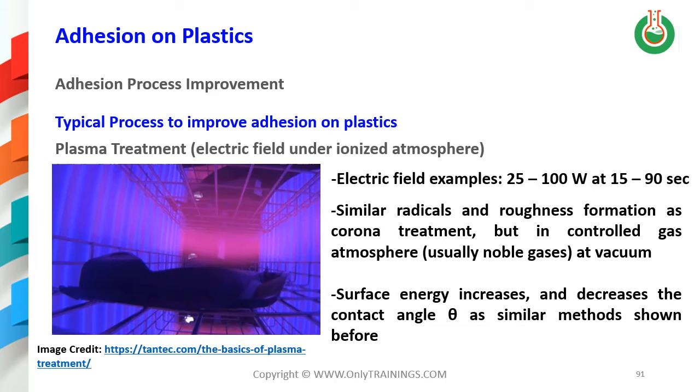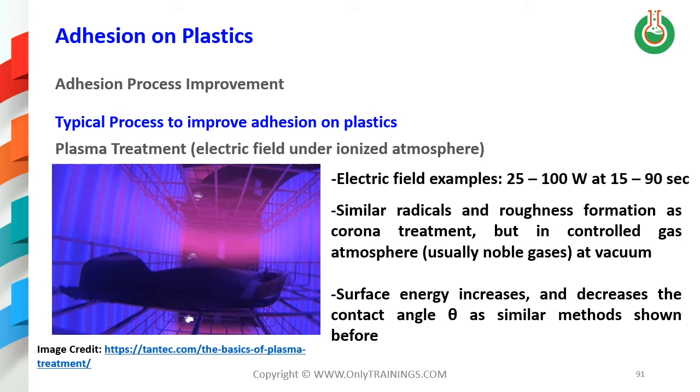After corona treatment, there is another variation of this treatment, which is plasma. Plasma is made under an electric field too, but in this situation, you have a controlled gas atmosphere, usually with noble gases and without regular air, or in a vacuum.